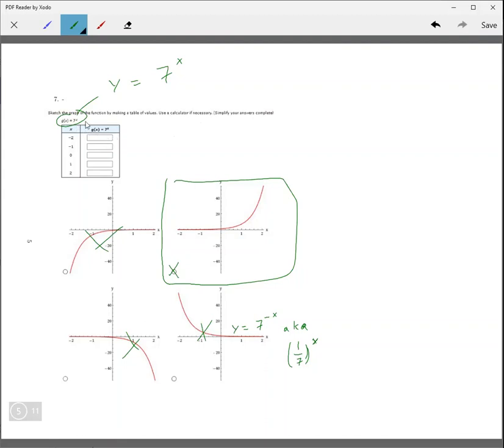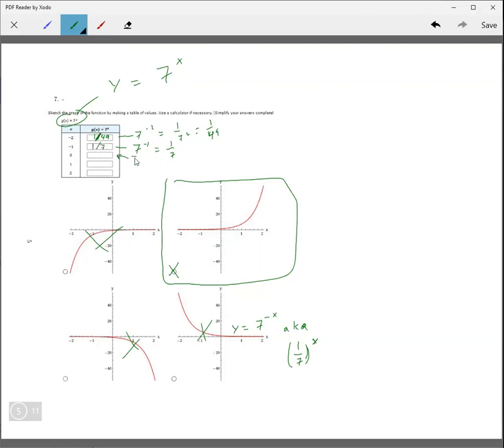Okay, so here, it's 7 to the x, so it's 7 to the negative 2. That's going to be 1 over 7 squared, which is 1 over 49. So the first one is 1 over 49. Then 7 to the negative 1 is 1 over 7 to the 1, which is 1 over 7.